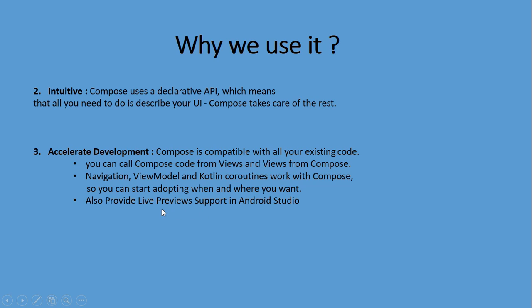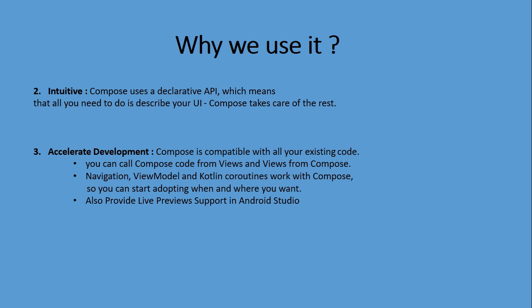This is the best thing that I consider in Compose: if you are working on any component or screen, you don't have to run your app on a physical or emulated device to see the effect of any change you are making.